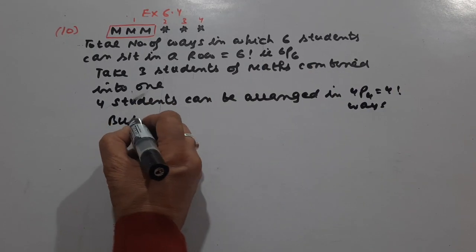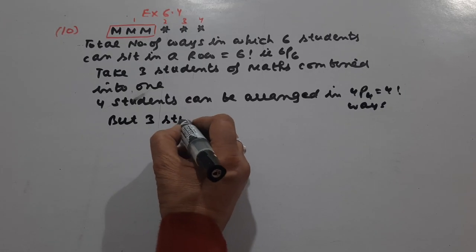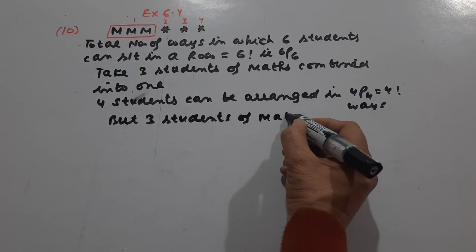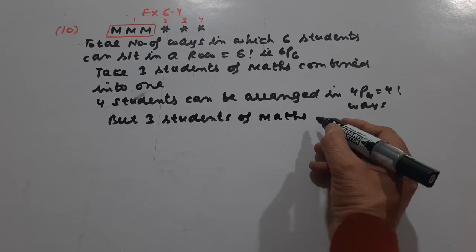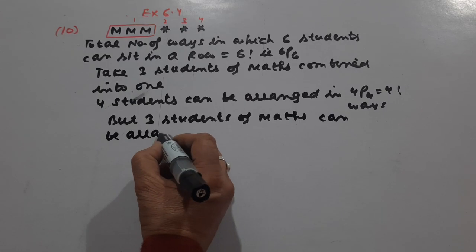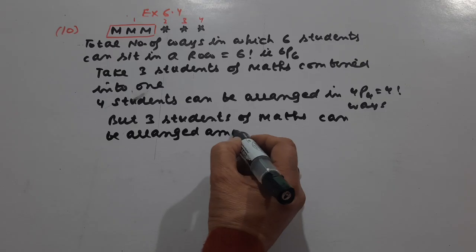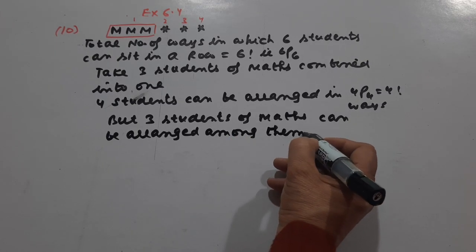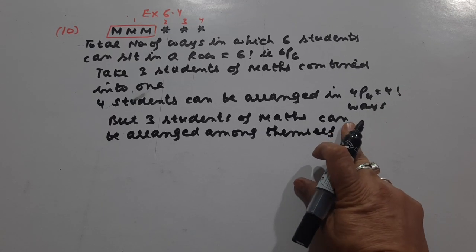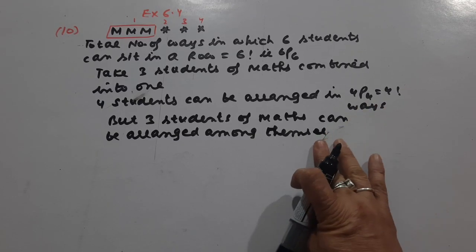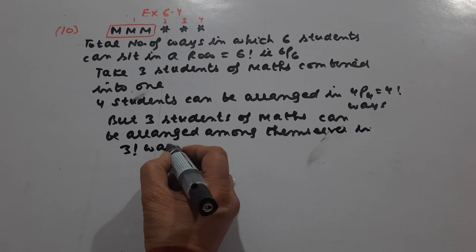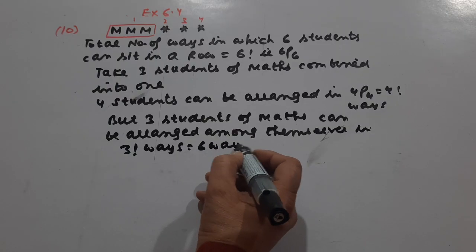But the 3 students of maths can also arrange themselves. 3 students of maths can be arranged among themselves in 3 factorial ways, which is equal to 6 ways.